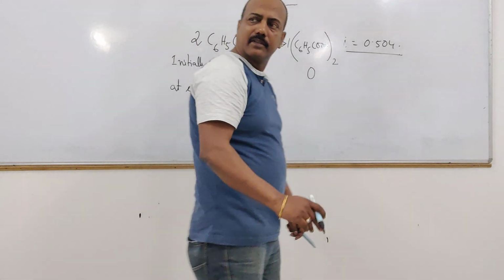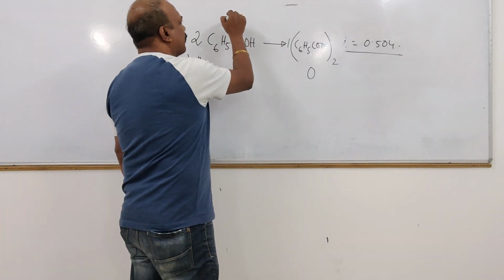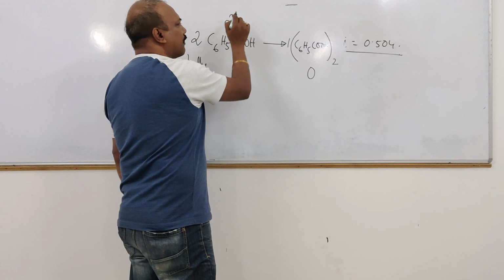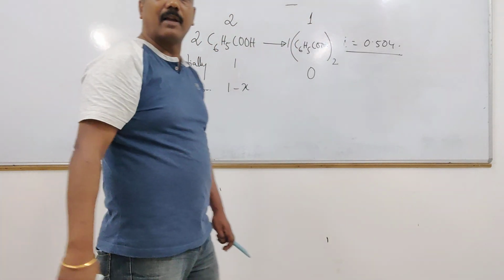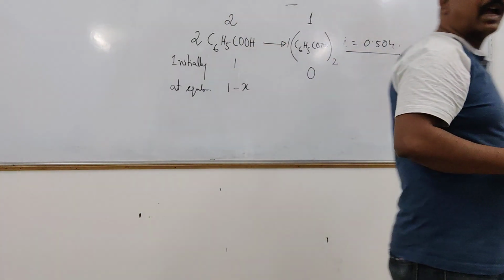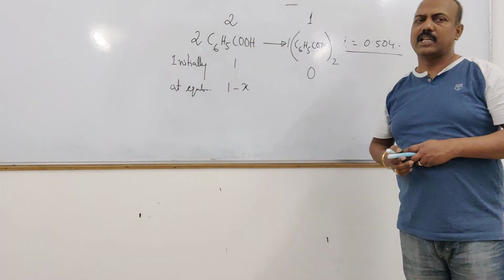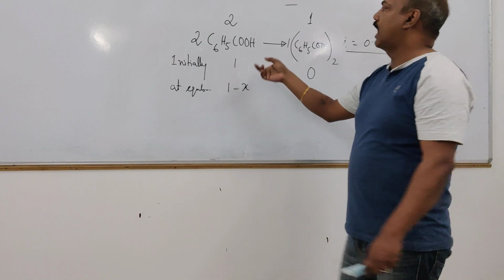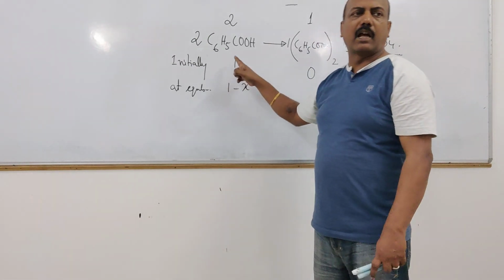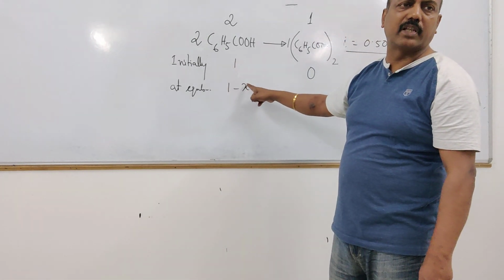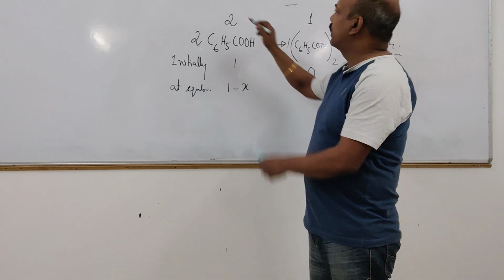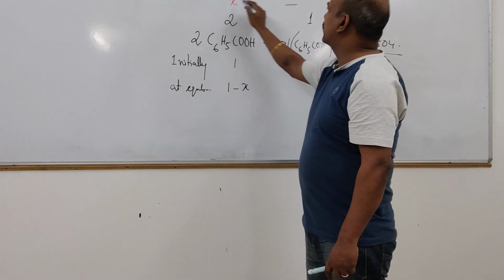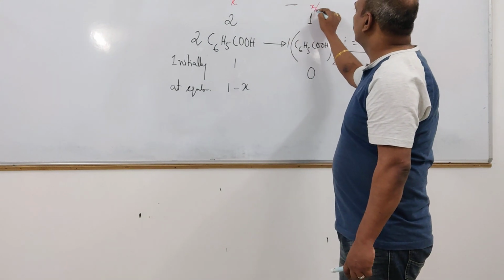Clear? Please understand. What do we know from the equation? 2 of them undergo association and become 1. I have taken 1 mole, and out of that 1 mole, X mole is undergoing association. So if 2 moles become 1, X mole will become X by 2.